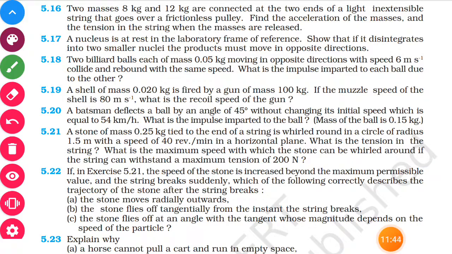Now 5.19. A shell of mass 0.02 kg is fired by a gun of mass 100 kg. If the muzzle speed of the shell is 80 meter per second, what is the recoil speed of the gun?